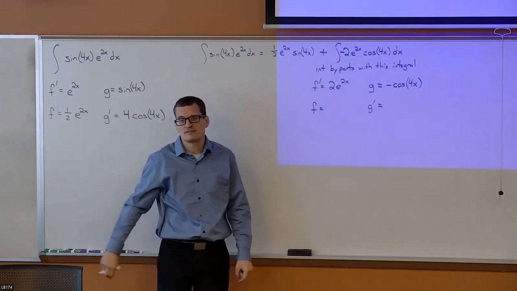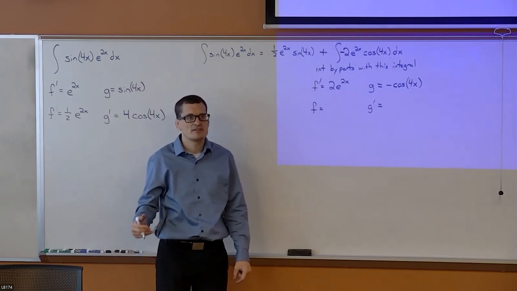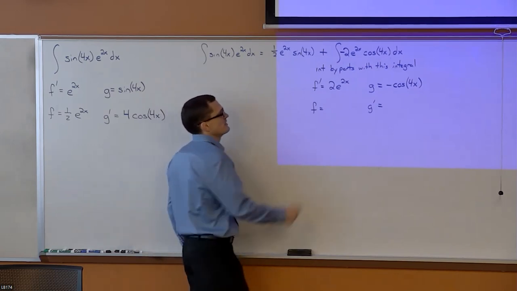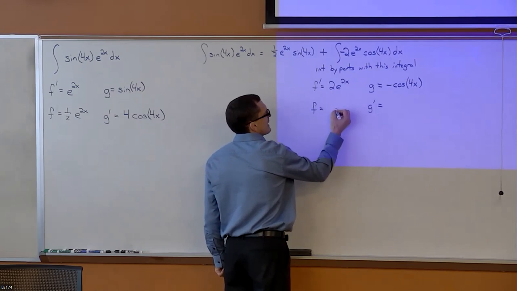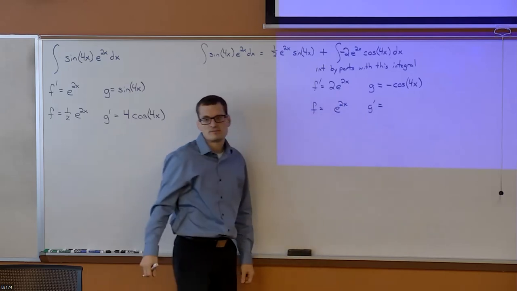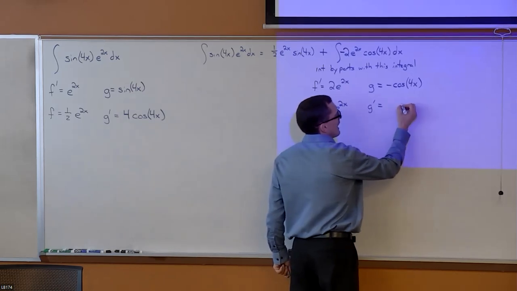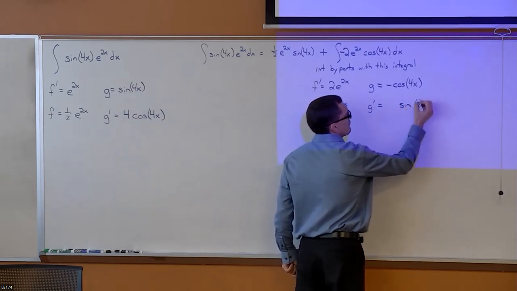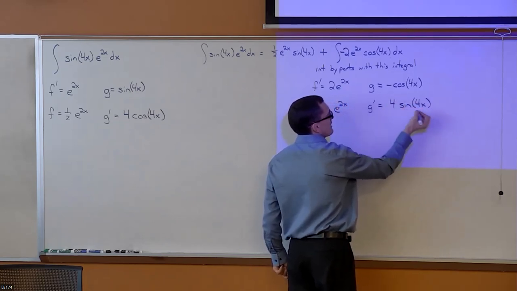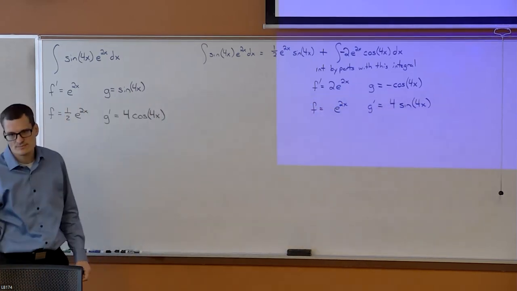Everybody know why that is? When you take a derivative, you get negative of a negative sign, which gives you a positive sign. So let's integrate. I get e to the 2x, and I divide by 2, and I get a 1. When I take a derivative, I get negative sine of 4x, and then I'd have to multiply it by 4. Negative 4 sine 4x, negative is a positive 4 sine of 4x.